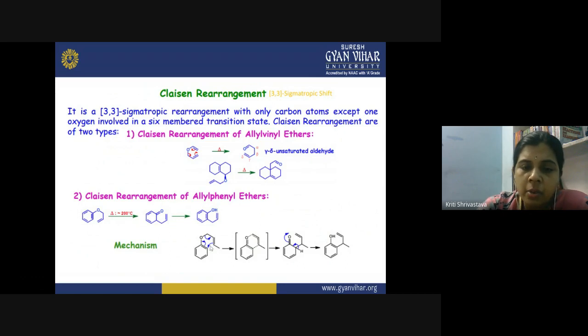As we know, all pericyclic reactions take place due to the matching molecular symmetry of the frontier molecular orbitals, and as a result, it is a concerted reaction, not affected by polar intermediates, not affected by the presence of any radical quencher, and simply affected by heat or light. So they proceed through the formation of a cyclic transition state. This is the cyclic transition state, and finally at the end we get our product.